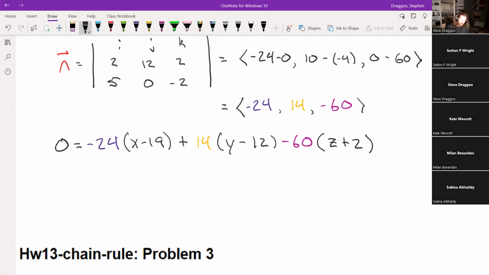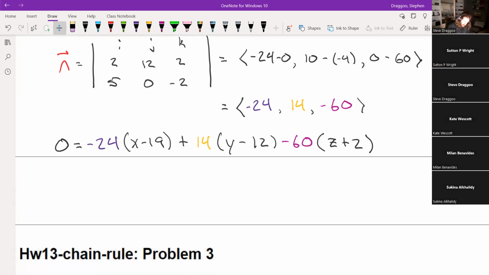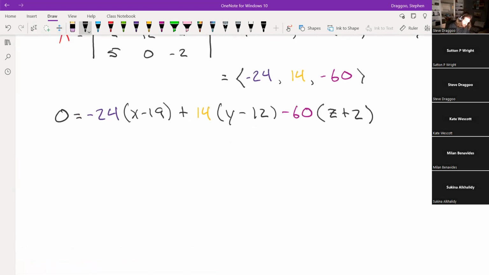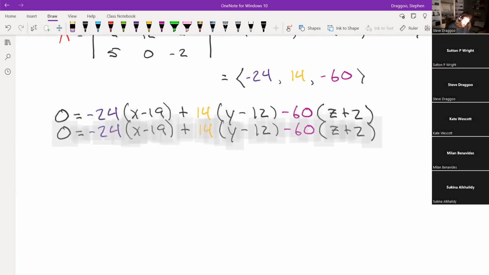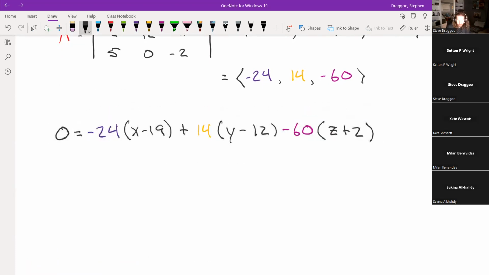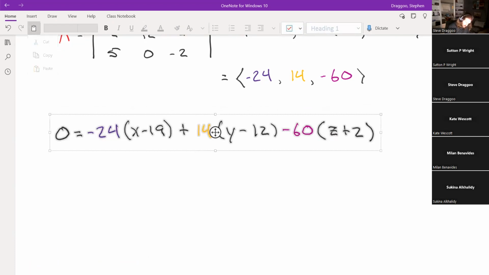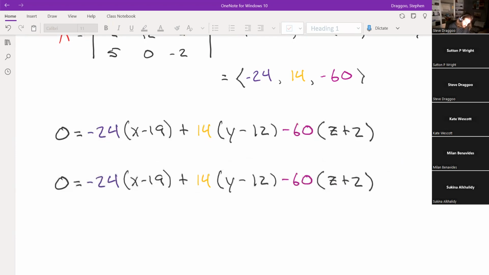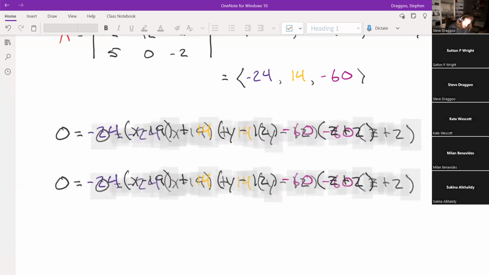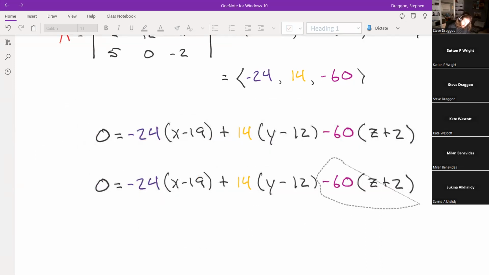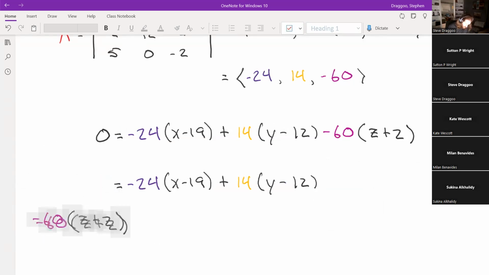All right, so that's what I would think is good enough for the equation of a tangent plane. However, since this was a WebWork problem, it wasn't good enough. We had to get this specifically into the form of z equals something. So I would copy and paste this line right here. I'm going to take my z component and bring it over to the right side. If I bring it over to the right, it becomes positive.